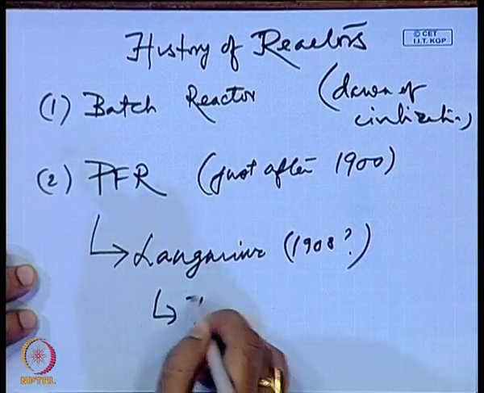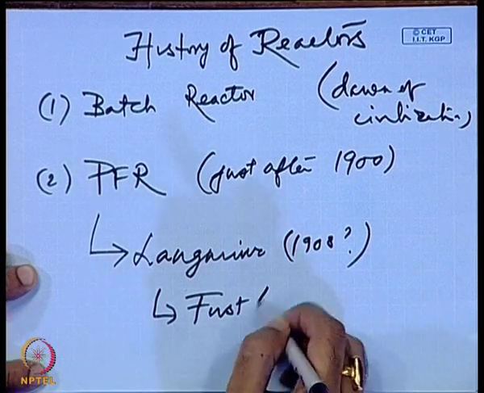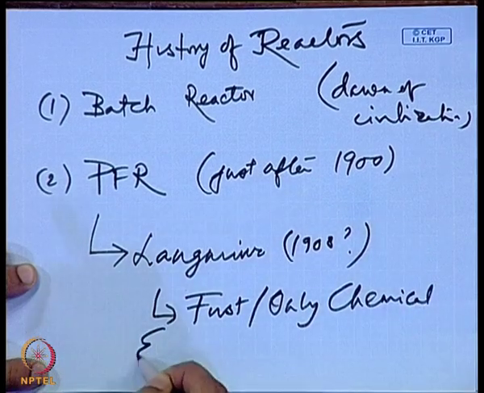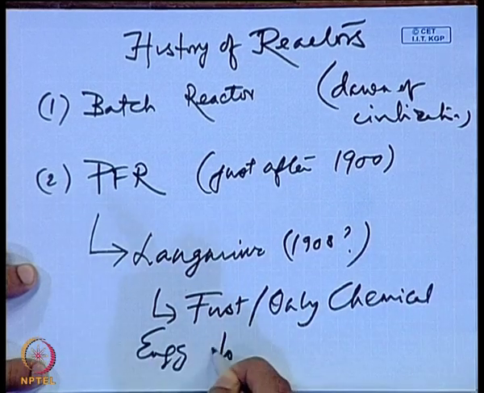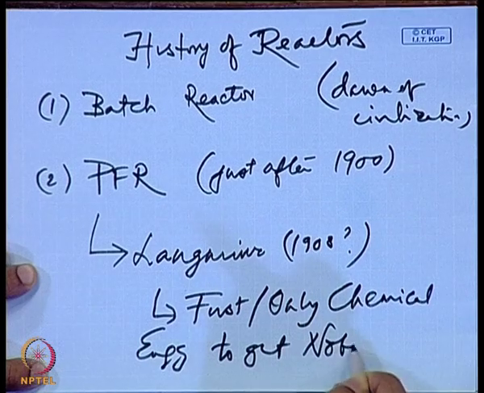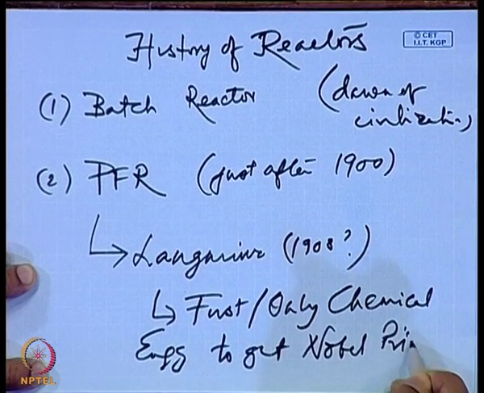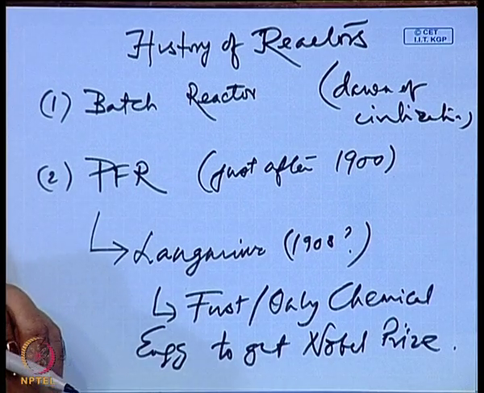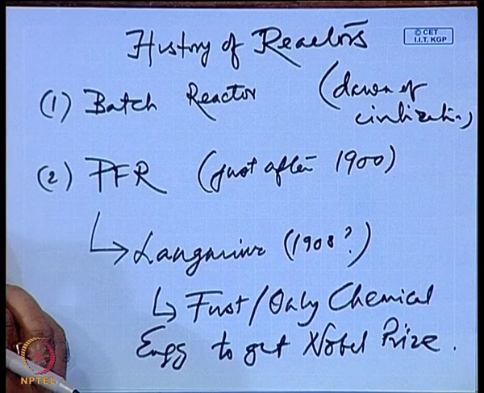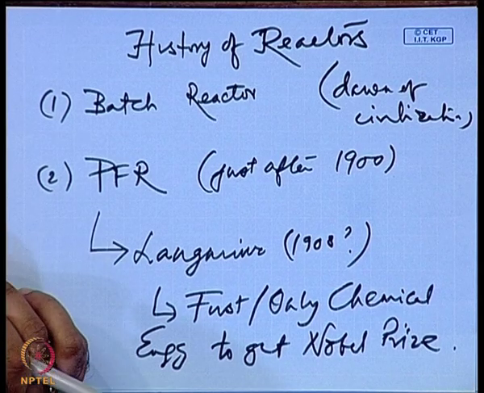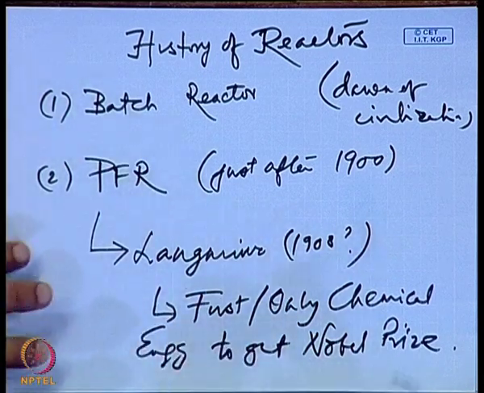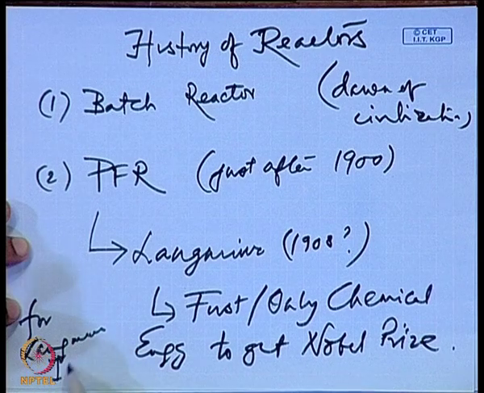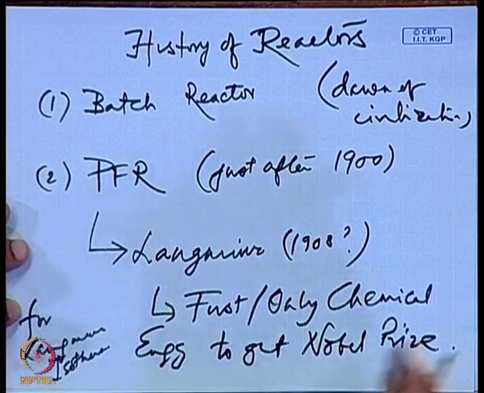Langmuir is the first and only chemical engineer to get the Nobel Prize. What did he get the Nobel Prize for? Do you know? The Langmuir isotherm. But he was the one who discovered this.